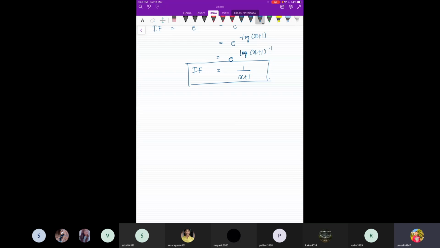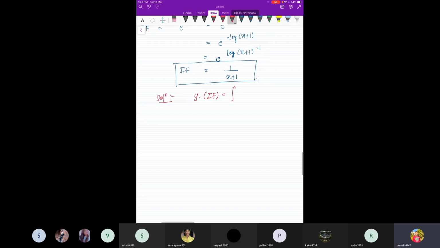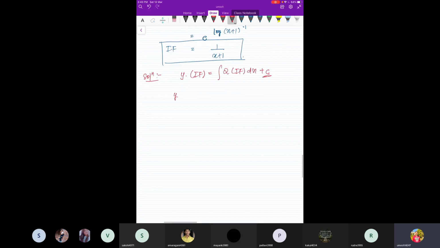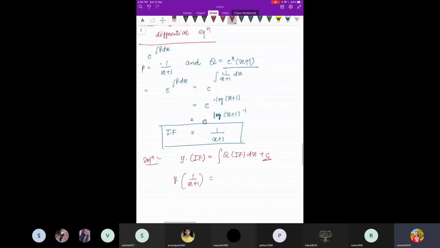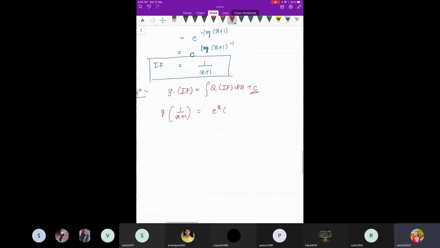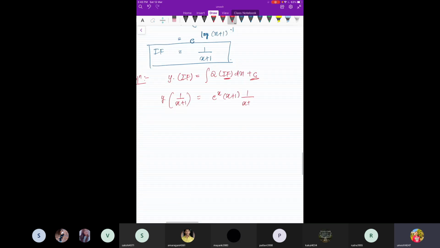Now we need to find the solution of this equation, that is y times integrating factor is equal to integration of q times integrating factor dx plus c. Fine, c is the constant. y into 1 upon x plus 1 is equal to, q was e to the power x into x plus 1, times the integrating factor 1 upon x plus 1 dx plus c.